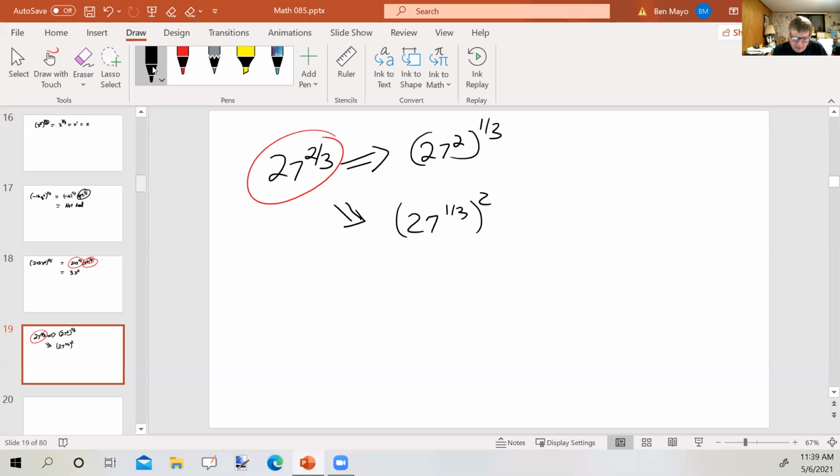Well, the top one, I can't do 27 squared in my head, but let's see what it is. 27 squared is 729. And then I'm going to raise it to the 1/3 power, 1 divided by 3, and I get 9. The bottom one, well, the cube root of 27 is 3, and 3 squared is 9.